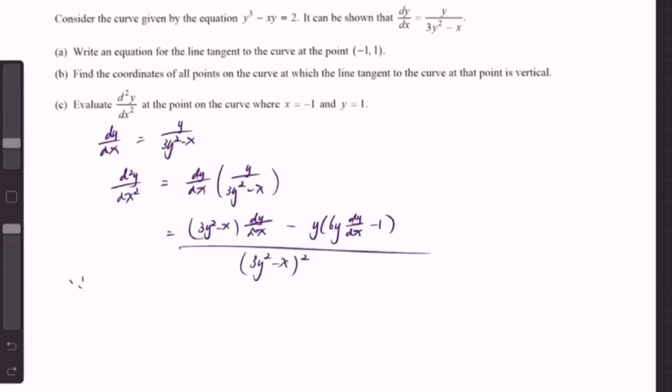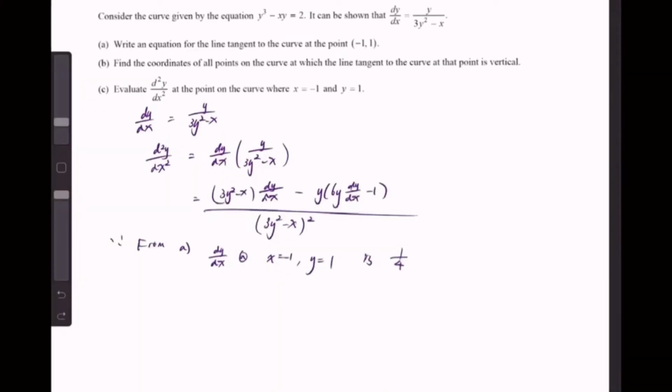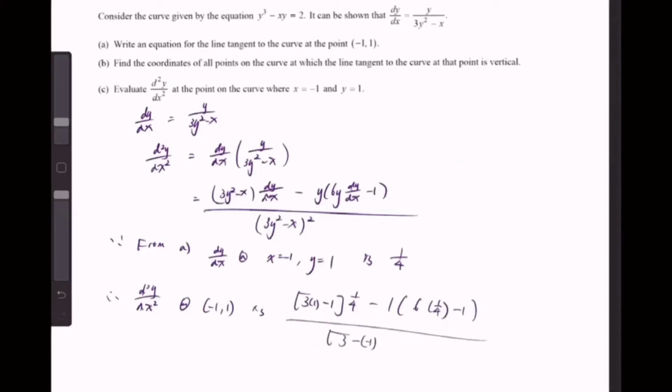Since we know from part A, dy/dx at x equals -1, y equals 1 is 1/4, by plugging in 1/4 into the equation, the second derivative at the point -1, 1 equals 1 minus 1/2 over 16, which is 1 over 32.